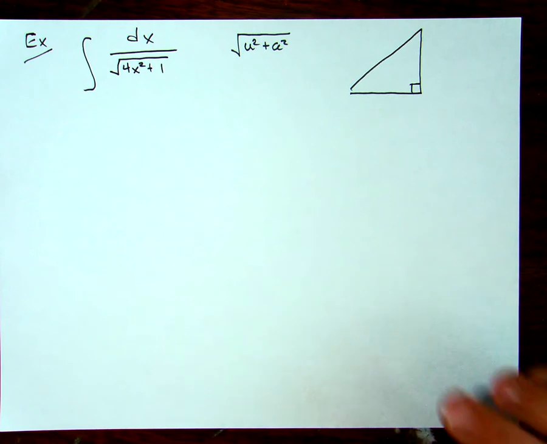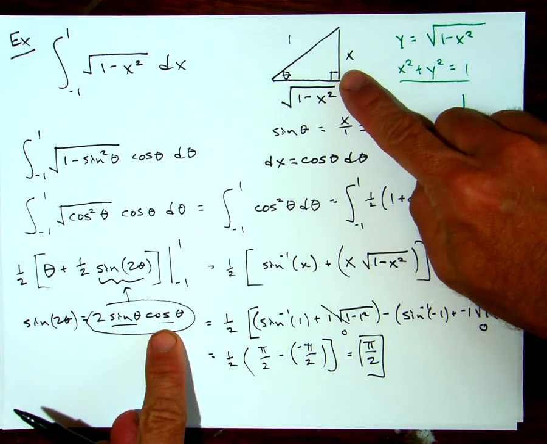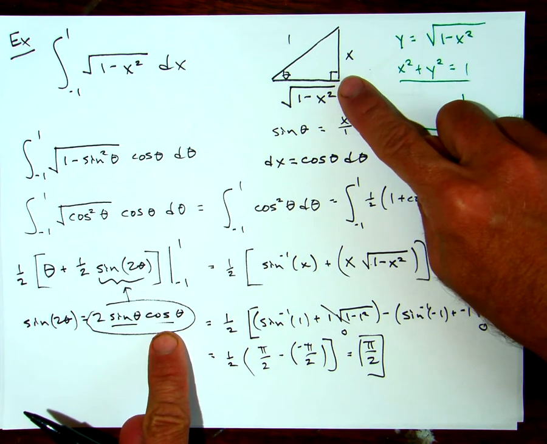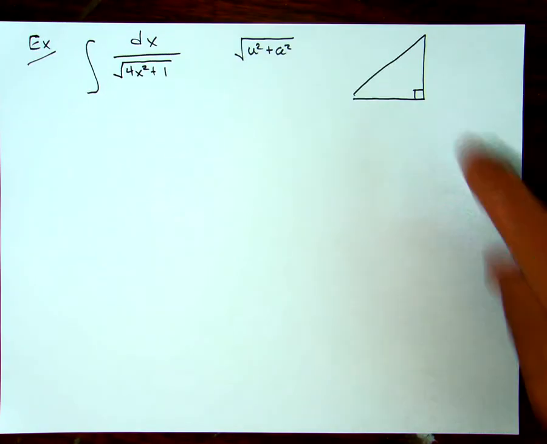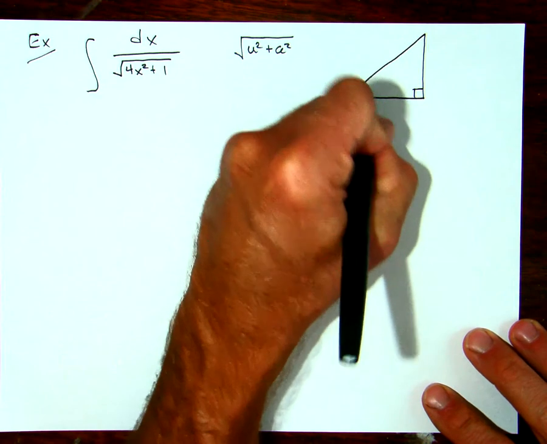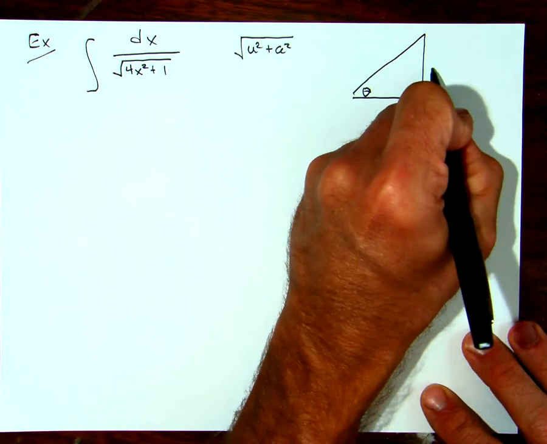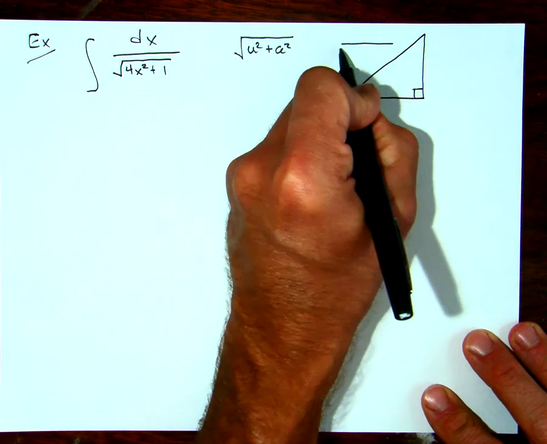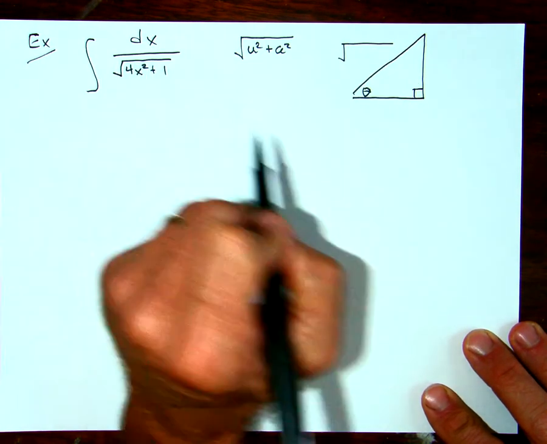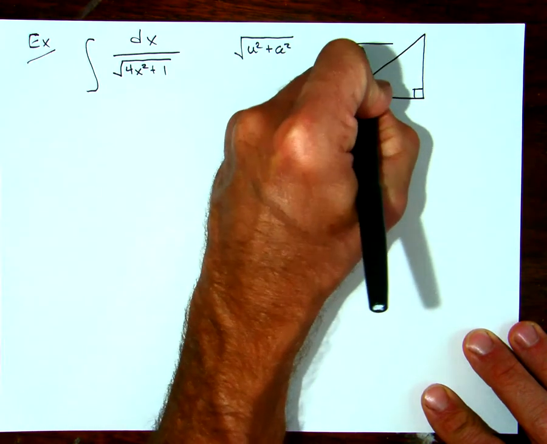Notice here when I set up the triangle and I needed to go back to x to find sine and cosine, I just referred to my triangle, and it was very simple to find sine and cosine from that. So always set up your triangle. Theta is always going to go here, all right? And we know for tangent, my function is going to go over on this side, my number is going to go on this side, and this thing right here, this part that kind of indicates that trig substitution is the thing to do, is going to go right here, 4x squared plus 1.